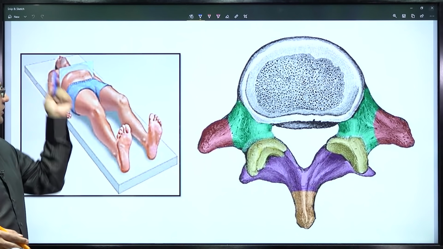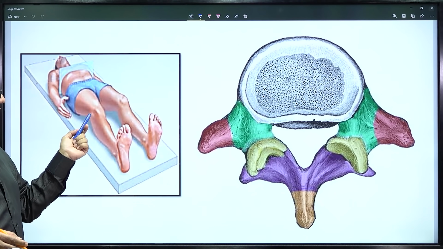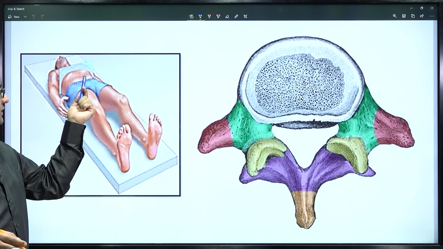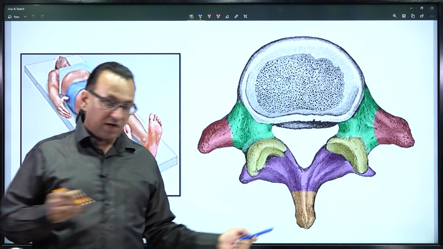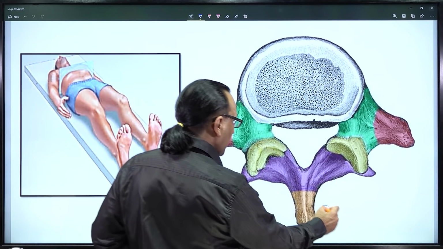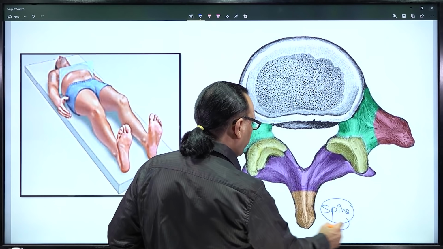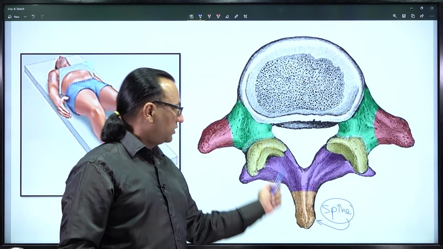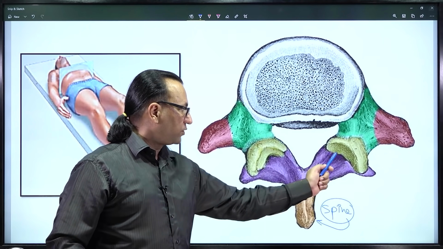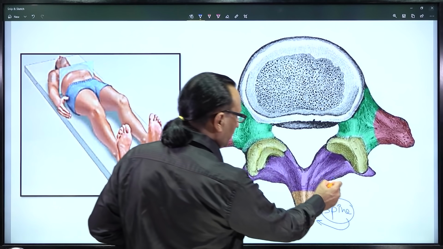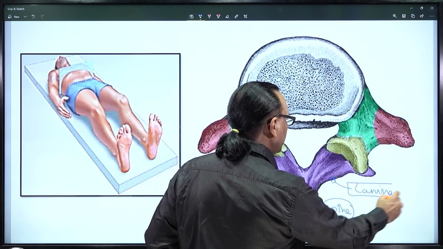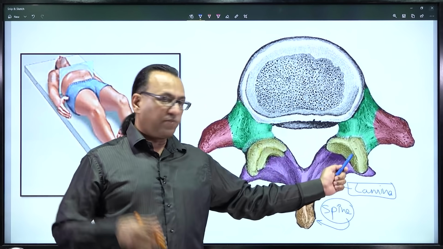You have put the patient in prone posture and you are looking from posterior to anterior. Posteriorly, you'll have the spine of the vertebra. Now, if that is the spine of the vertebra, what is this color? The lamina forming the posterior vertebral arch. So this is the lamina. And what is this? This is seen from the superior view.